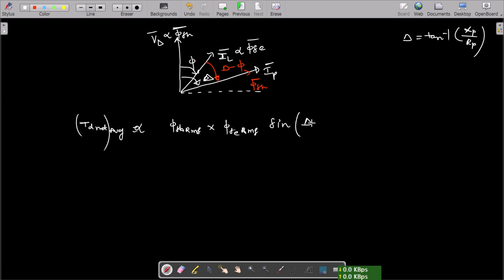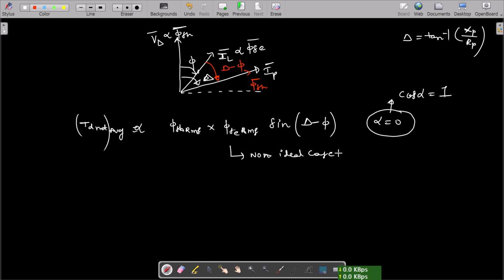Here beta is nothing but delta minus phi. We have already seen this equation. And here alpha is equal to 0. Assume that alpha is equal to 0, then cos alpha will be 1. This is a non-ideal case.